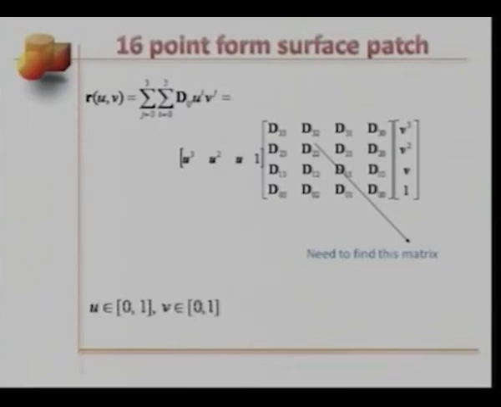Let me emphasize that parameter values u and v both range between 0 and 1. To be able to determine what the dij's can be, let us subdivide each interval 0 to 1 as 0, 1 over 3, 2 over 3 and 1, and try to sample data points at these parameter values.